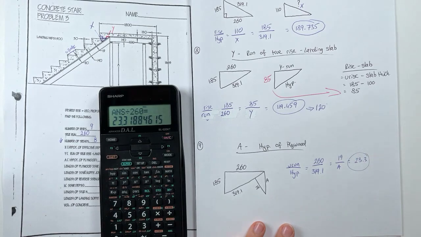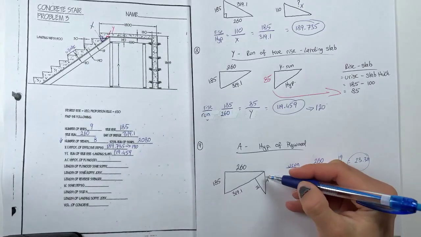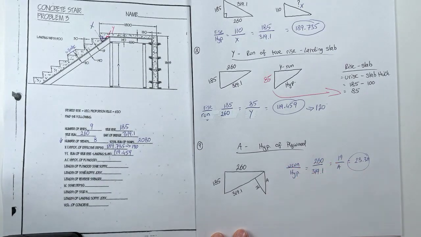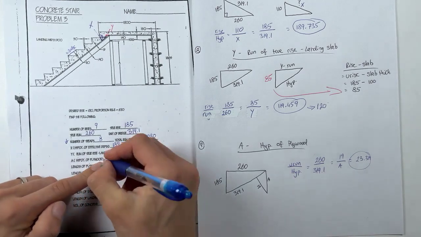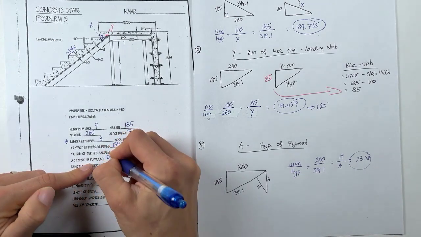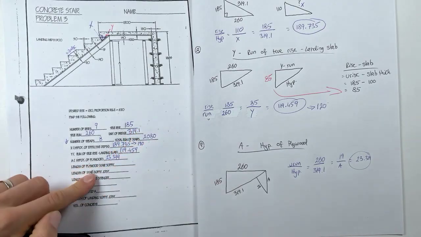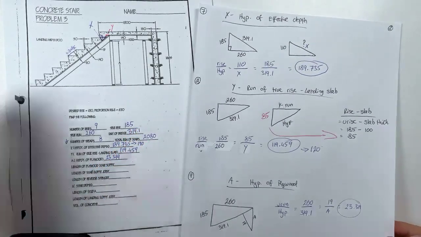Awesome. That's it. 23.3 if you want to be really precise. Okay, great. So that is the hypotenuse length of our plywood once we've cut it at the correct angle. There we go. Boom.